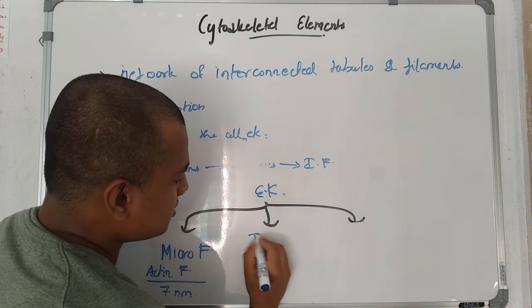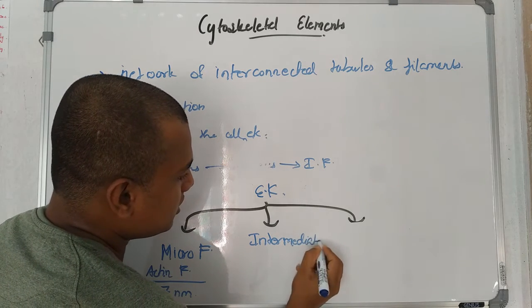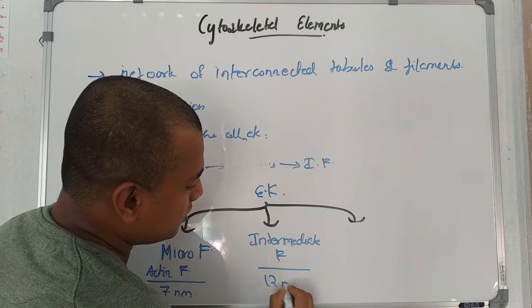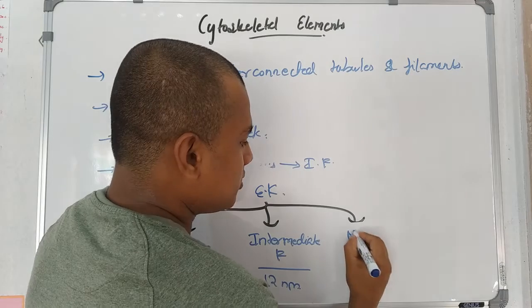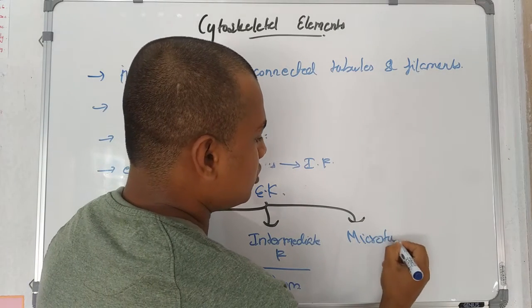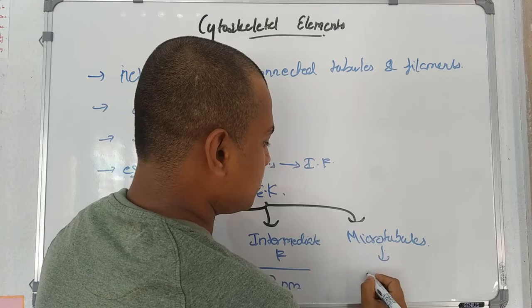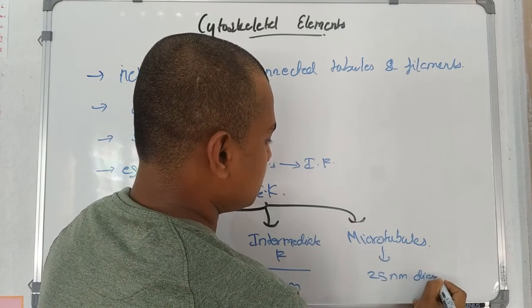The next one is intermediate filaments. They are of around 12 nanometer in size. And the third one is microtubules. They are of around 25 nanometer diameter.